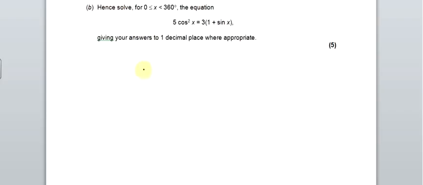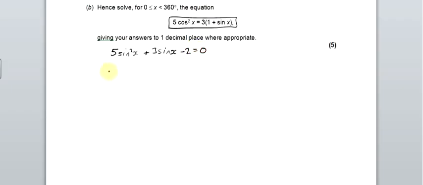Right, we're now going to solve this equation. Well, the hence bit basically means that we can use our answer to the last part. So we know that this thing here is the same as the thing we just wrote down, which was 5 sine squared x plus 3 sine x minus 2 equals 0.